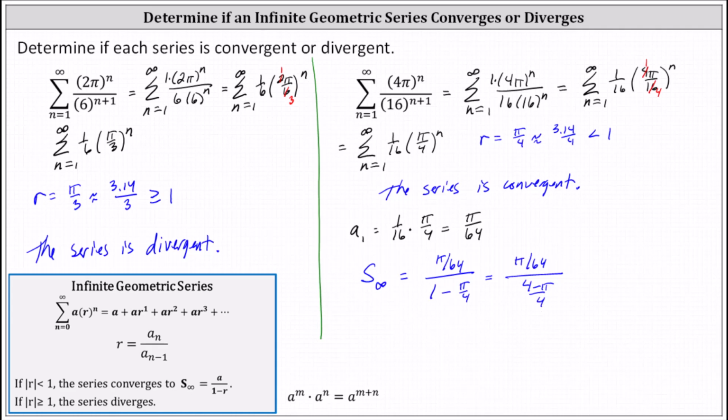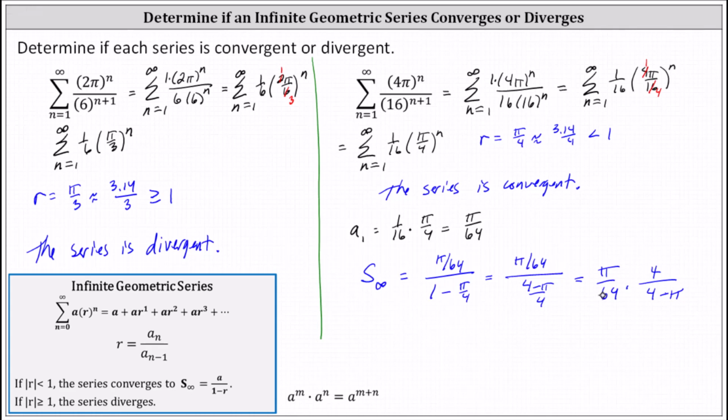Instead of dividing, we'll multiply by the reciprocal. This is equal to pi divided by 64 times the reciprocal of 4 minus pi divided by 4, which is 4 divided by 4 minus pi.